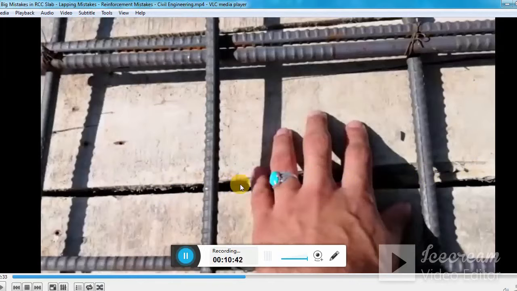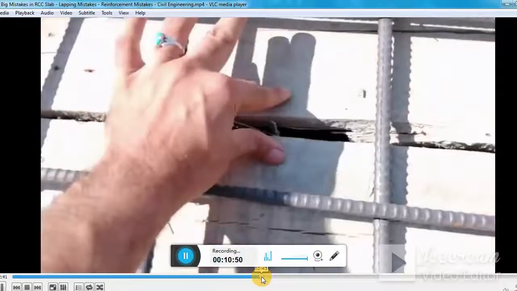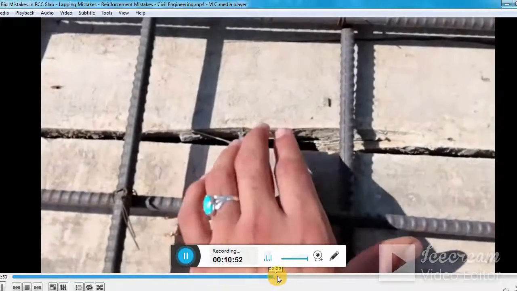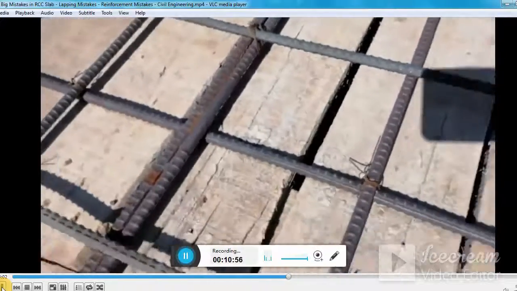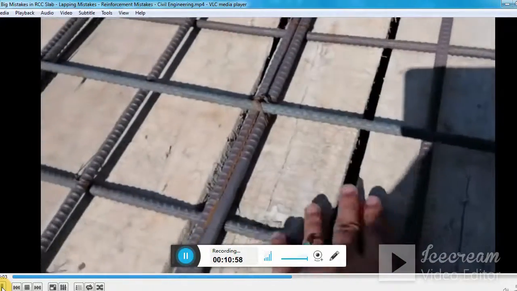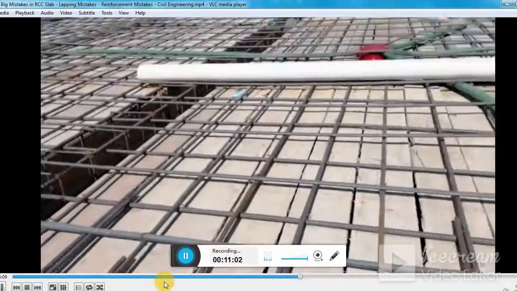So we need to provide some kind of plastic or some kind of arrangement to close the openings. If there is bleeding, all the formwork is open. But now they are not able to fix this because the RCC is already there. So formwork mistake, lapping length mistake, right?